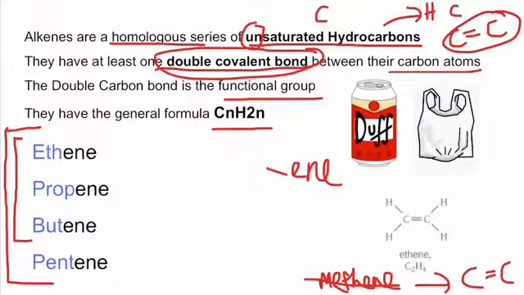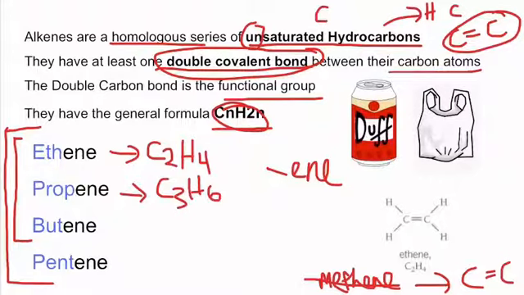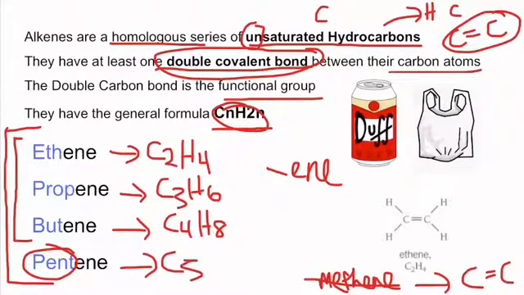So if we start off with ethene, we know that anything with the eth word in it has 2 carbons, and so following this rule, it must have 4 hydrogens. Propene, C3 must be H6, butene C4 must be H8, and pentene, a bit like a pentagon, C5 must be H10.